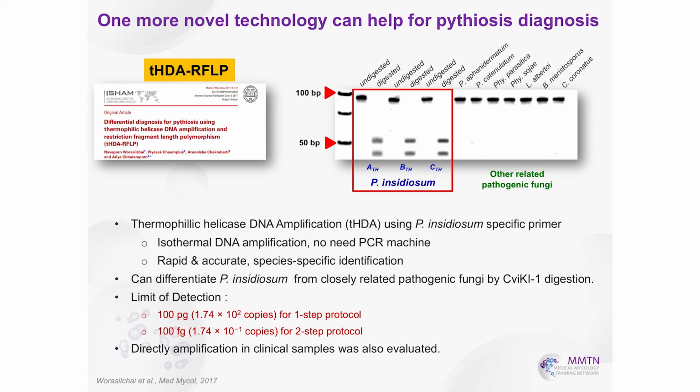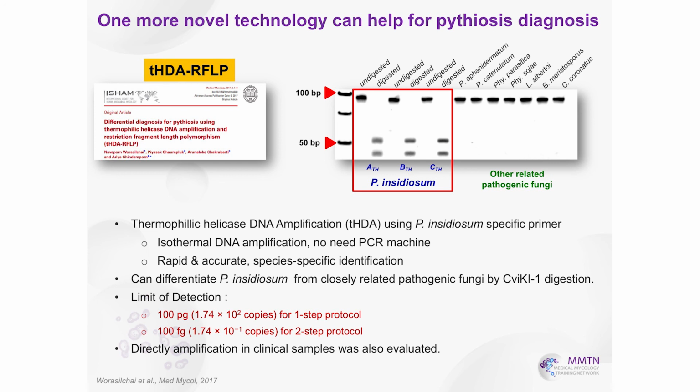This one, by using the COX-2 specific primer with a constant temperature at 65 degrees Celsius. It is very rapid, accurate, and species-specific identification. It can amplify, you can see the picture, yes, the Pythium insidiosum and all the Mucormycosis, and also the related, the friend of the Pythium.